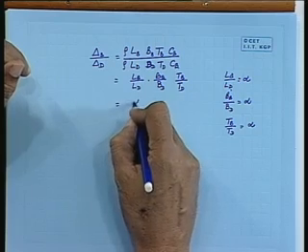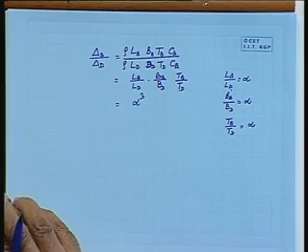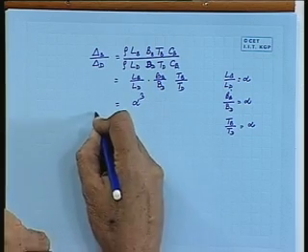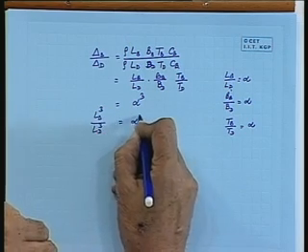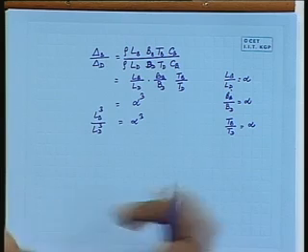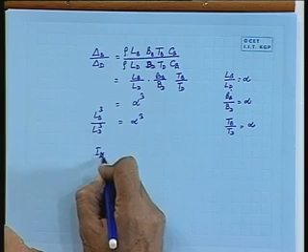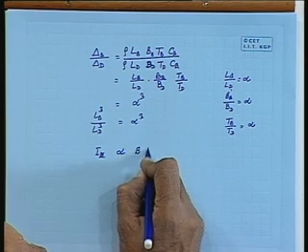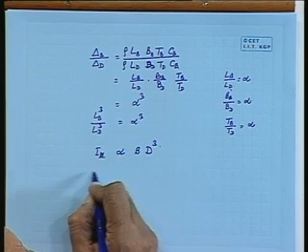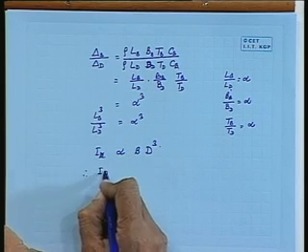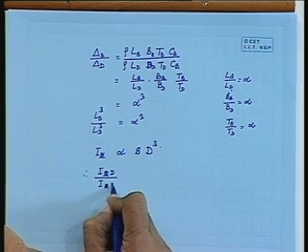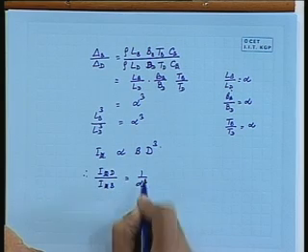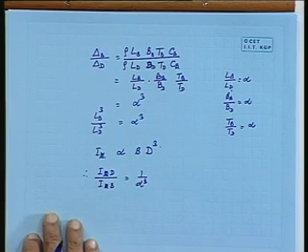In that case, this will become alpha cube, right, and LB cube by LD cube will also be alpha cube. I assume that I midship varies as B into D cube. In that case, therefore, I midship of D by I midship of basic will be 1 by alpha cube. I think I will stop now for the time being.